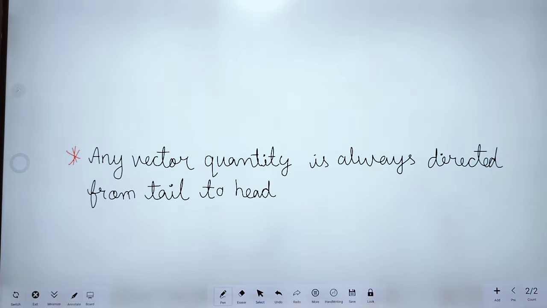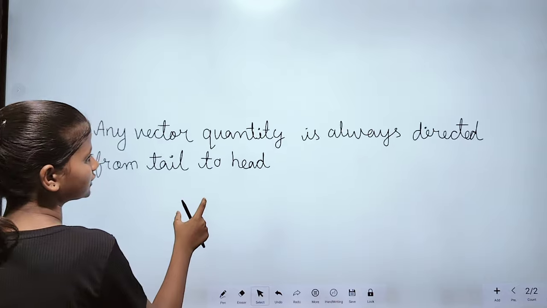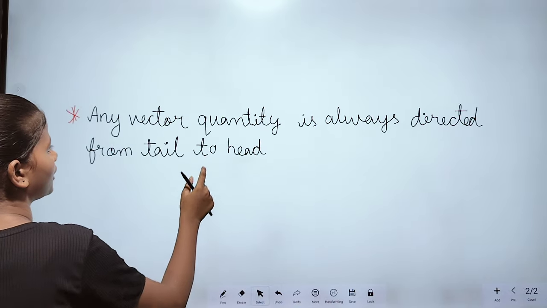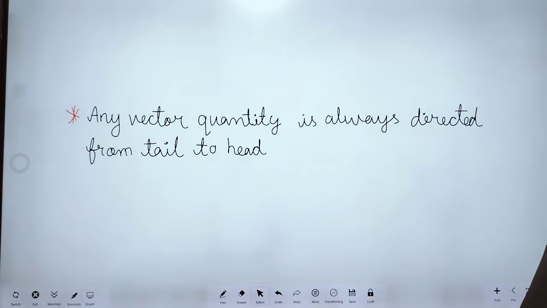Okay, this one is an important point. This point is very important, that any vector quantity is always directed from tail to head. Tail, or you can also say starting point or initial point, to head, or you can also say terminal point or final point.